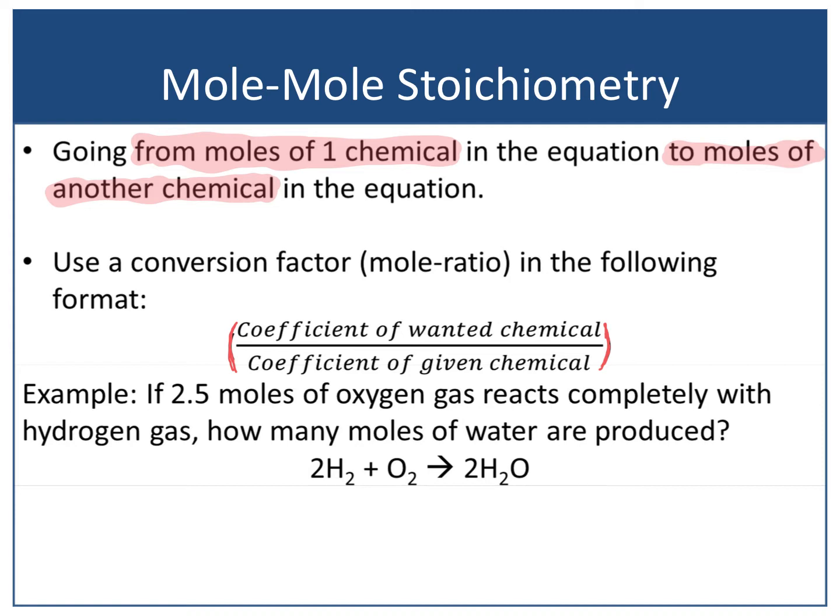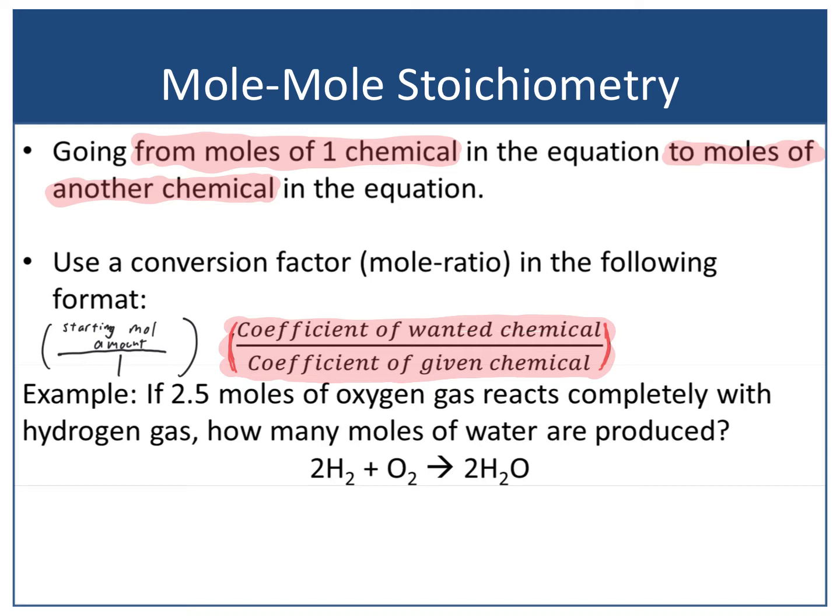So we're going to have a starting mole amount, we're going to put it over 1, because you can put anything over 1, and then we're going to multiply that by the coefficient of the wanted chemical from the question and divide by the coefficient and formula of the given chemical in the question. We'll see how that works with a couple of examples here.